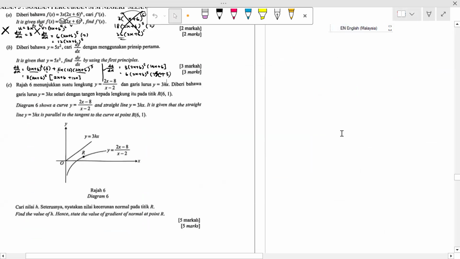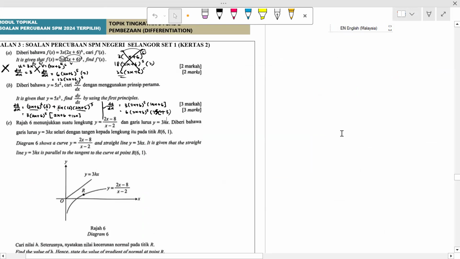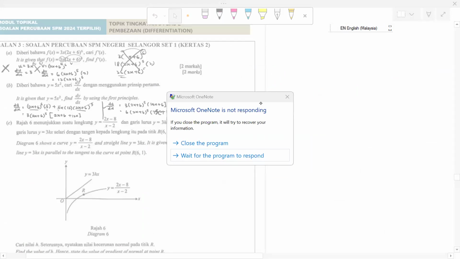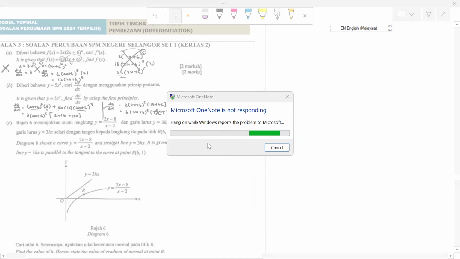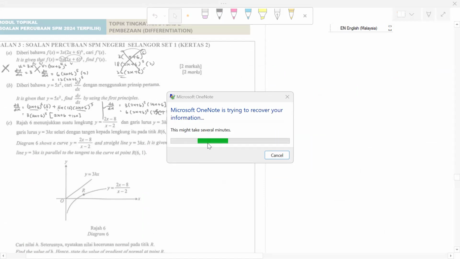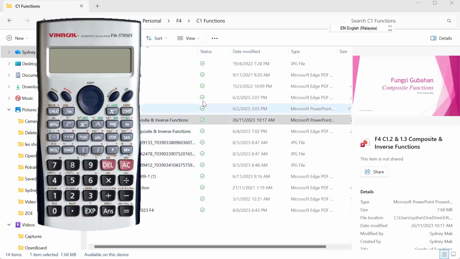Right, the first principle, yeah. So y equals to... why not responding? Wait first. Okay.